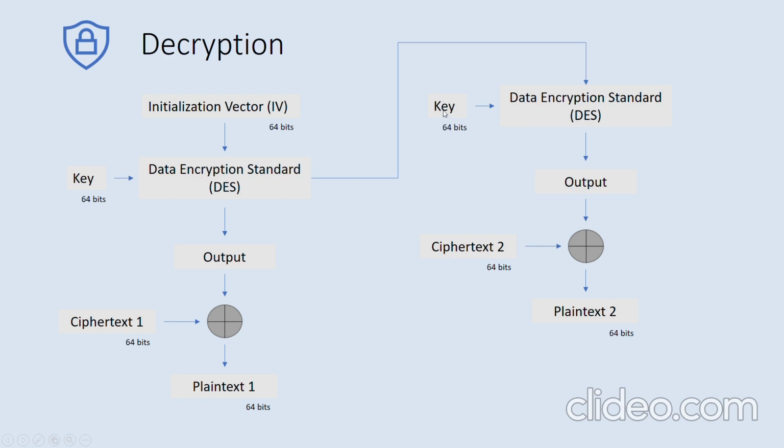And then the key here is also used to encrypt the new initial vector, and then we'll produce an encrypted vector here. And then we also take the first j bits of the encrypted vector, and we'll perform the XOR operation with the first j bits of the ciphertext, and then we'll produce the another plain text block 2.